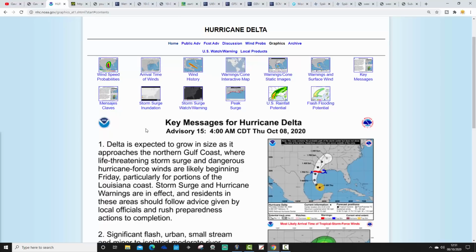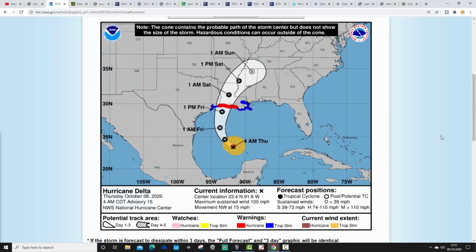Clicking on Delta and going to warnings and coast static images, we can see that Hurricane Delta is forecast to become a major hurricane again, because it was a major hurricane a couple of days ago, and it's forecast to become a major hurricane again by tomorrow morning. This is 1 a.m. Friday, up to major hurricane status then.